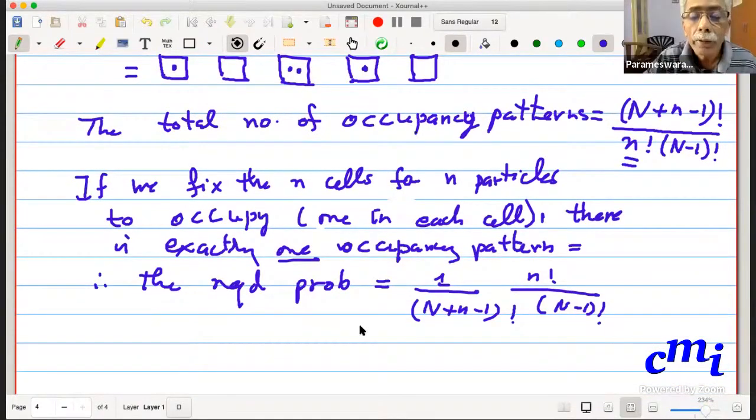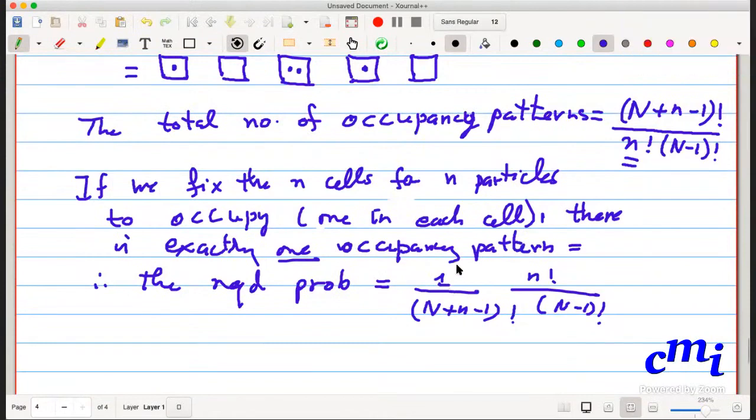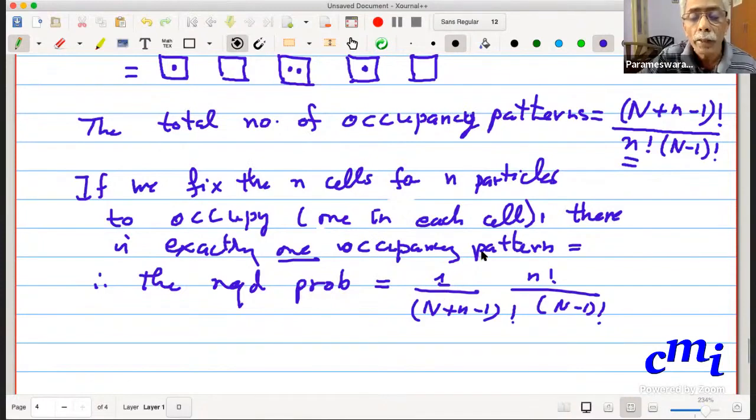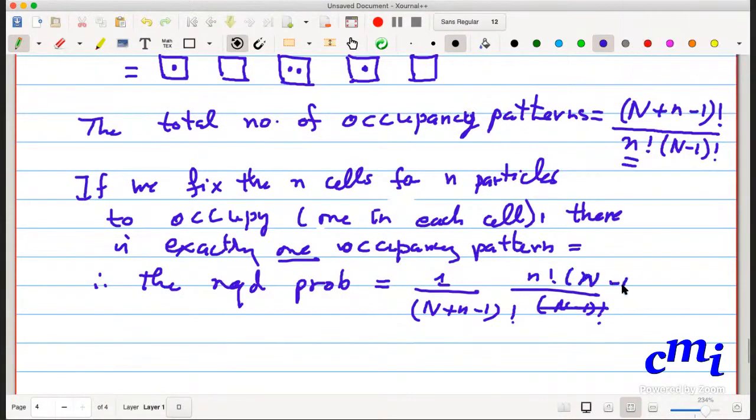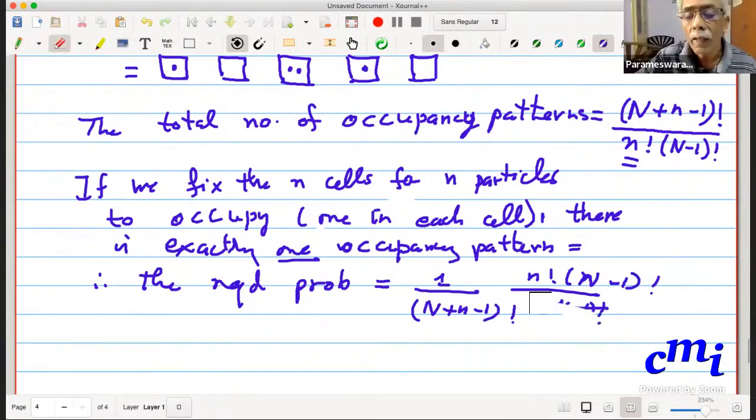No, here I am computing the probability, so you divide one by the total number. There is only one way in which you can get the favorable event to happen. So 1 by, sorry, this one. This is what you were saying. Absolutely, you are right. Okay.